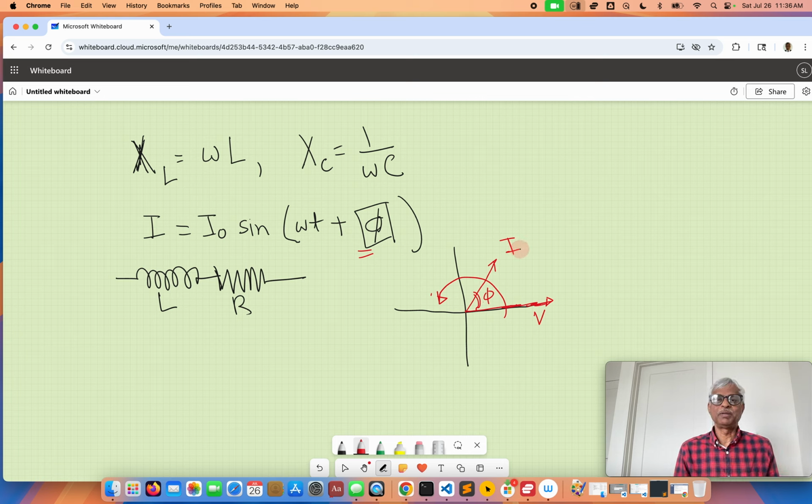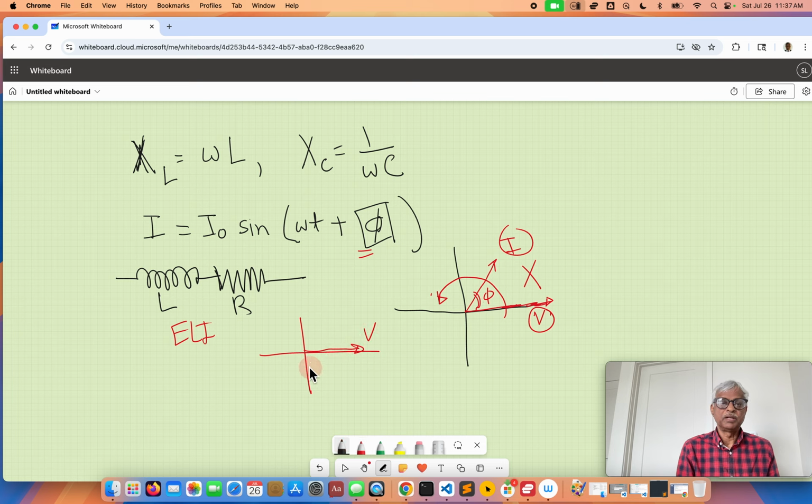This will actually be wrong because you want this to lead. So this is the ELI case. In the ELI case, it will be just the opposite. So if the voltage was this way, you want the current to be that way. Okay, current is lagging behind.